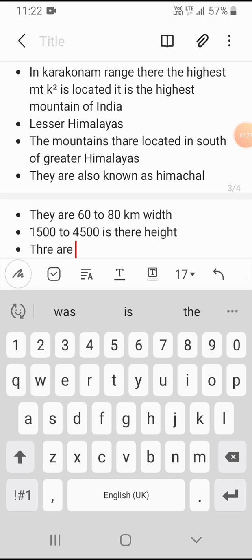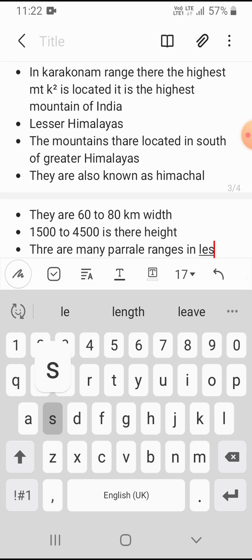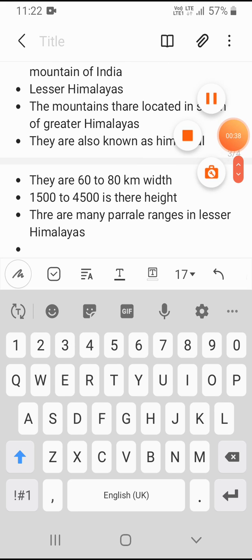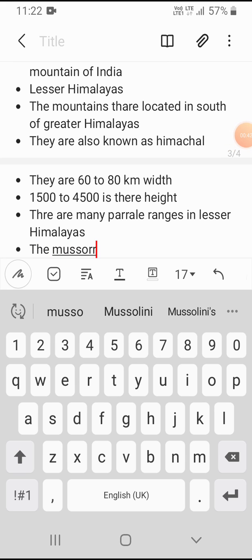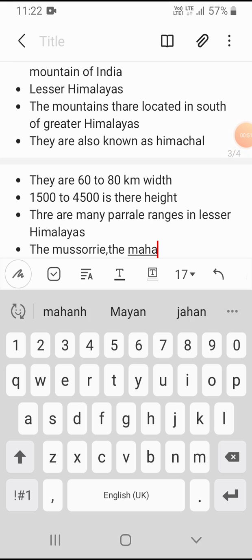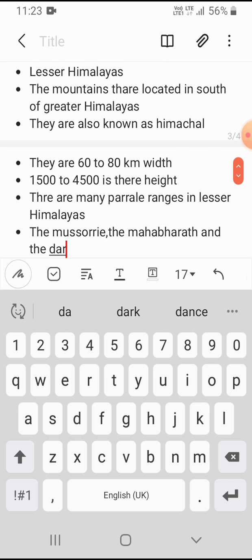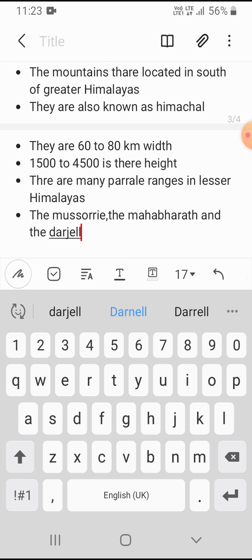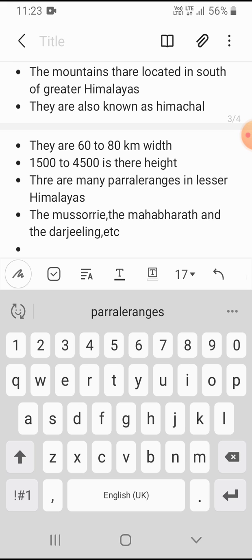There are many parallel ranges in the Lesser Himalayas, such as the Mussoorie, the Mahabharat, and the Darjeeling, and some others.